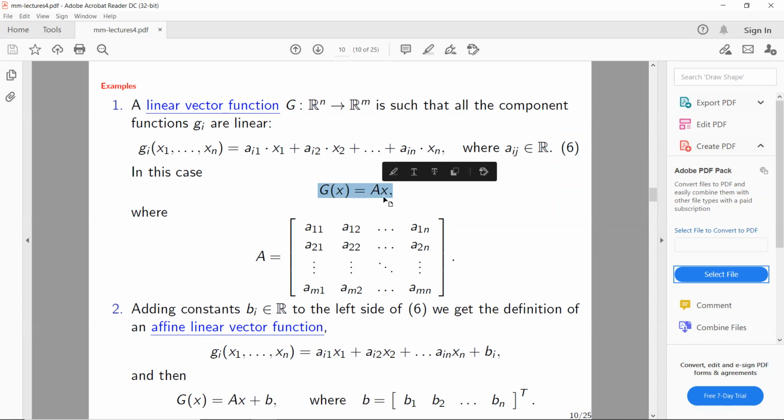And we were dealing with such functions when we were solving linear models. But why are we talking about linear vector functions again? This is because the algorithms which solve nonlinear models in fact use linear approximations at each step.